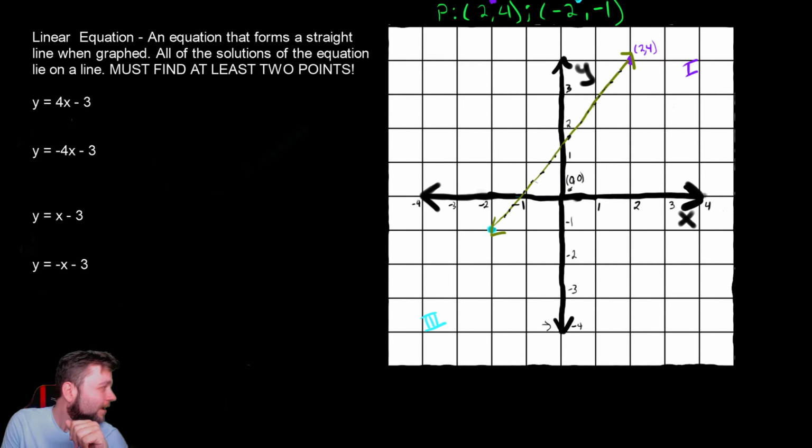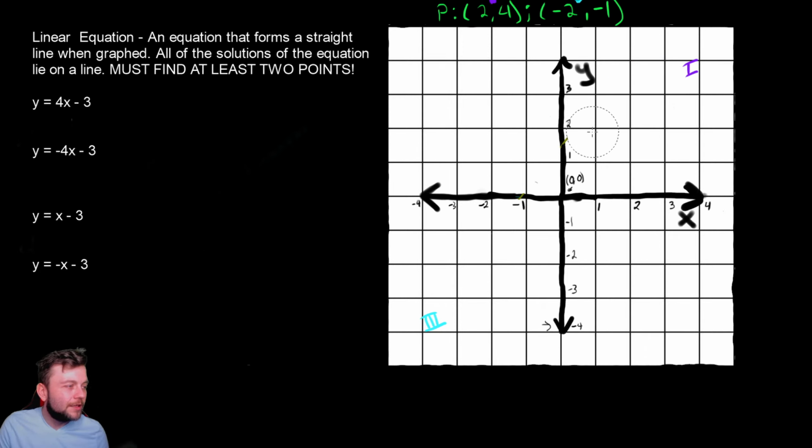So let's go on to erase all of this. Actually, we'll erase this and then we'll start graphing. We're gonna graph these problems here. Let's erase that.